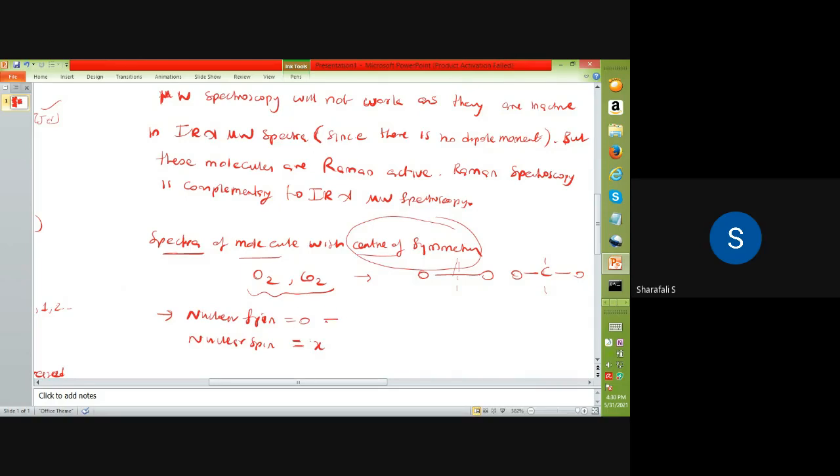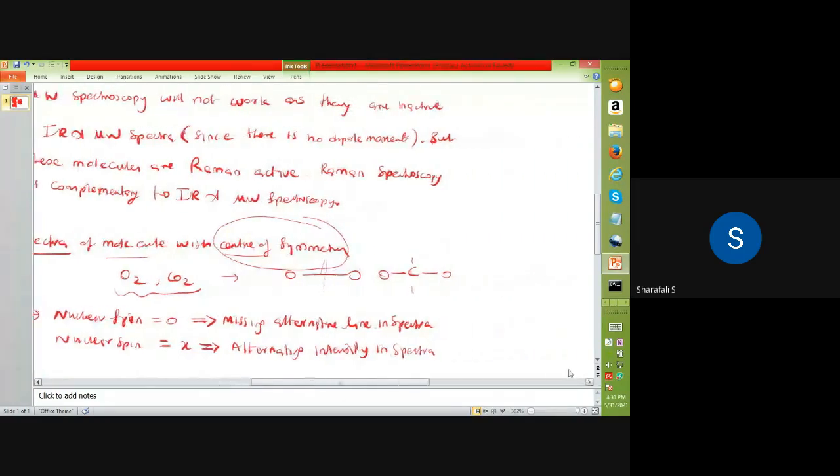Molecules with nuclear spin equal to 0 will have missing alternate lines in the spectrum. Those having a nuclear spin and a center of symmetry will give alternating line intensities. We already discussed the missing and alternating lines.